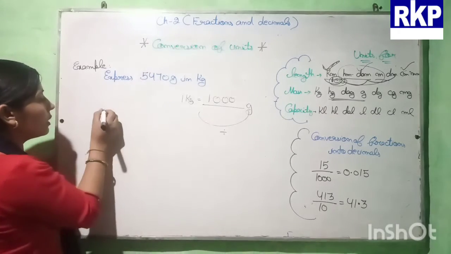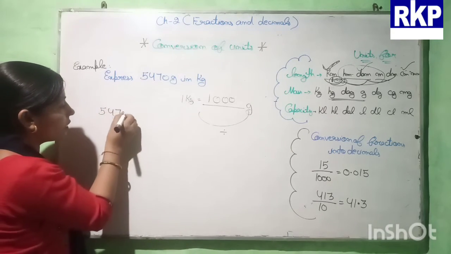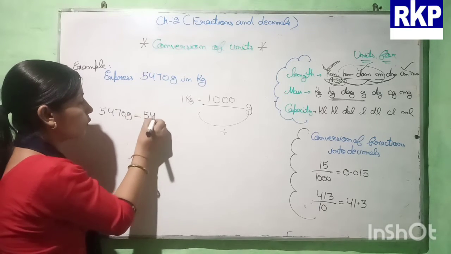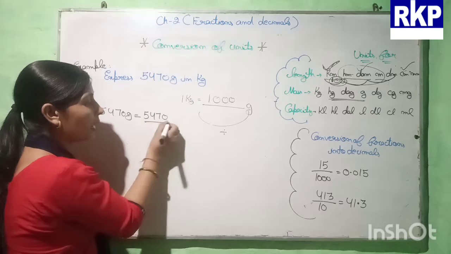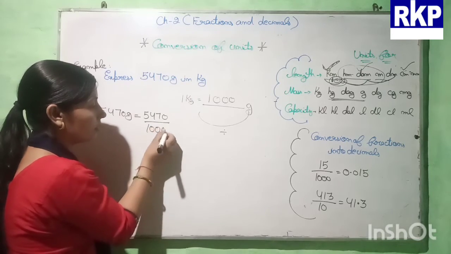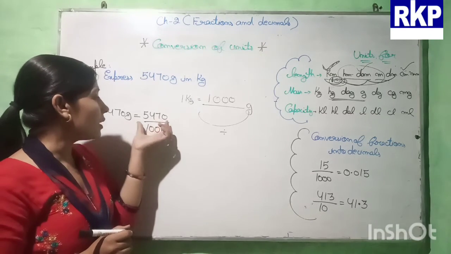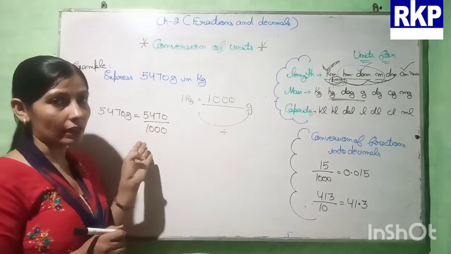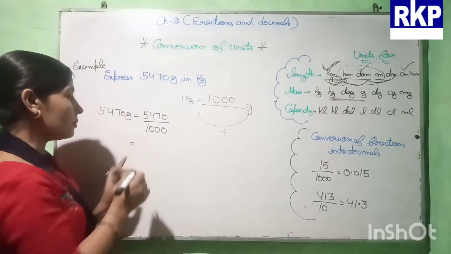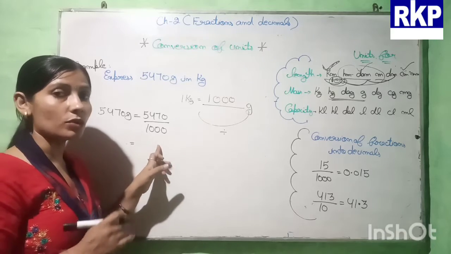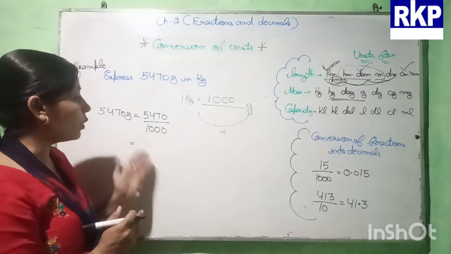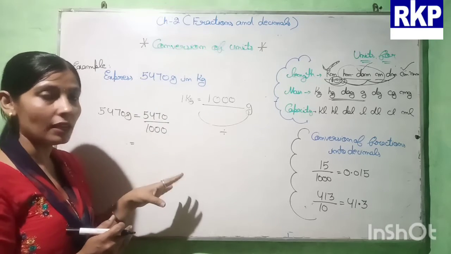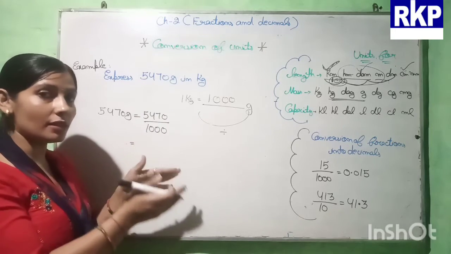So here we will write 5470 gram as it is. Now 5470 by 1000. We have to divide 5470 with 1000. Here we are having 1000 as denominator, so we can convert this into decimal directly. We can write the answer directly.